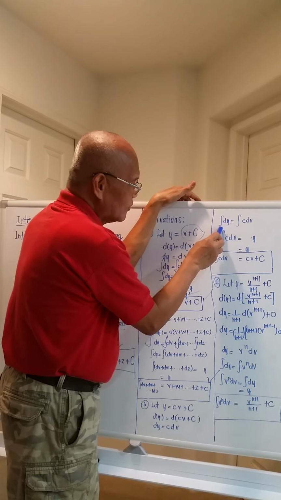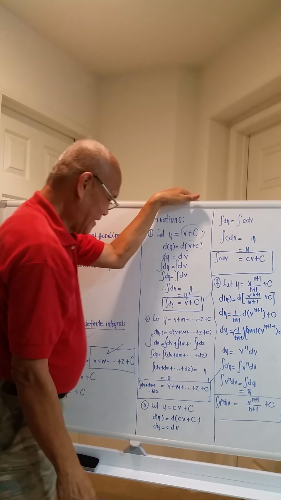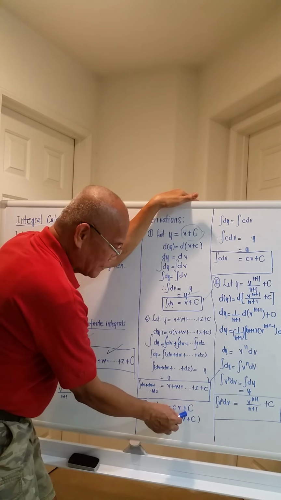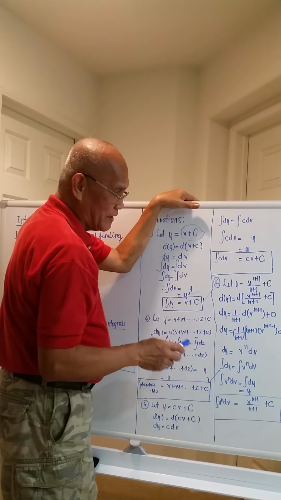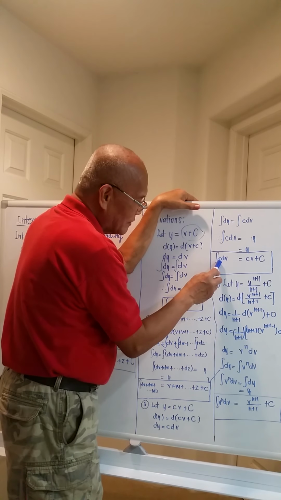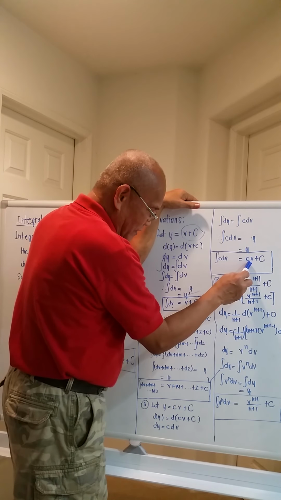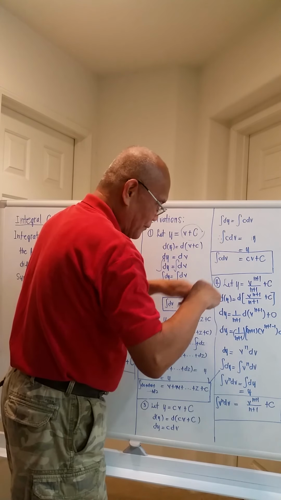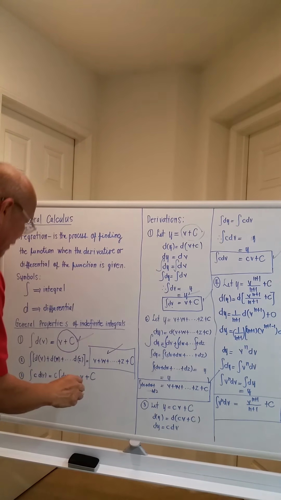So the integral of the differential of y is just y. But what is y? Y is small letter c times v plus capital letter C. So in general now, formula number 3 under integration, the integral of any constant times the differential of a given function is equal to c times that function plus capital letter C. And that's actually formula number 3.